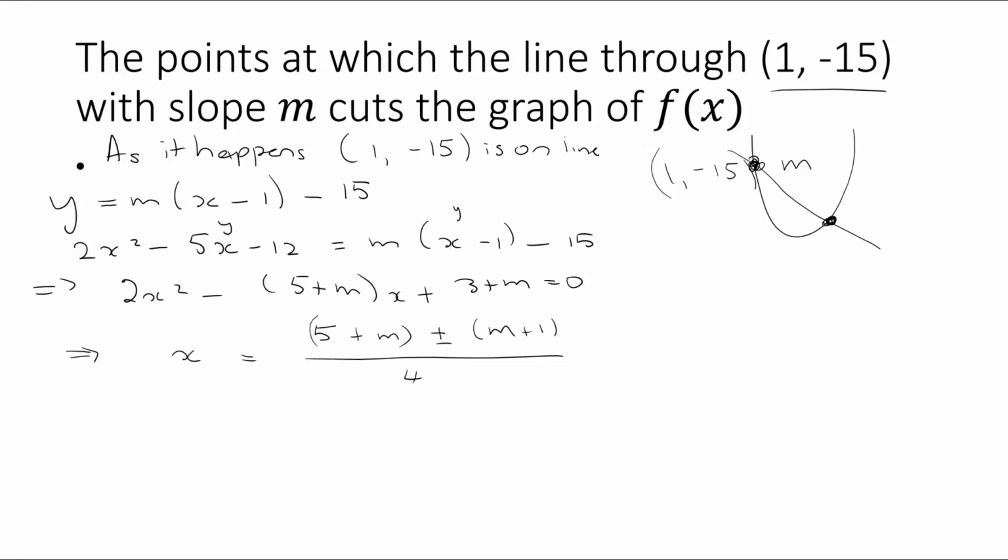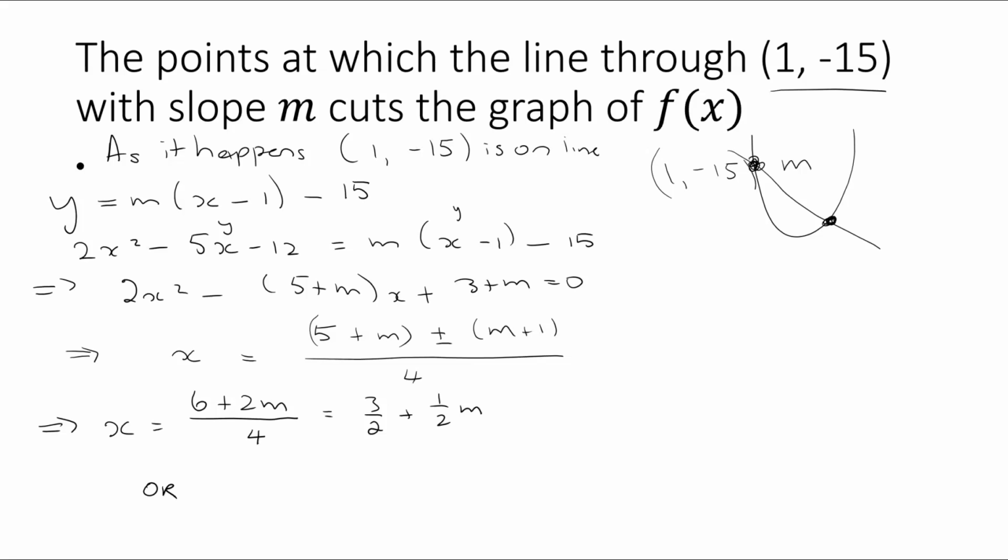Now doing each of the roots in turn, it doesn't matter which order you do them in, let's do the plus root first, so x is going to be 6 plus 2m over 4, which we could say was 3 over 2 plus m over 2, or a half m.